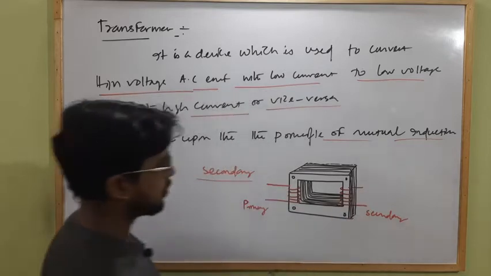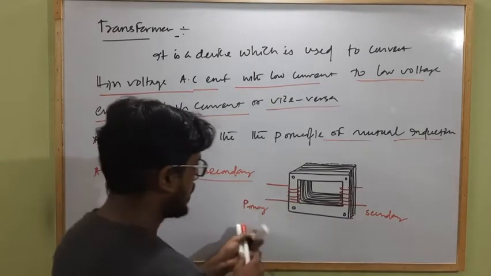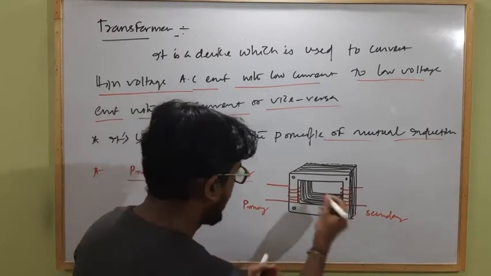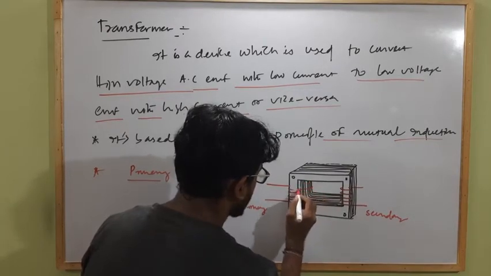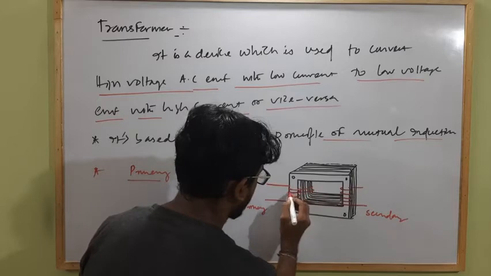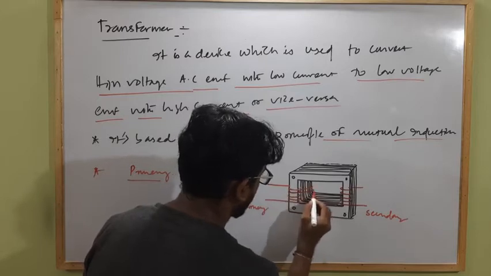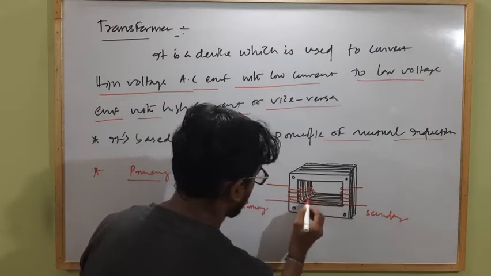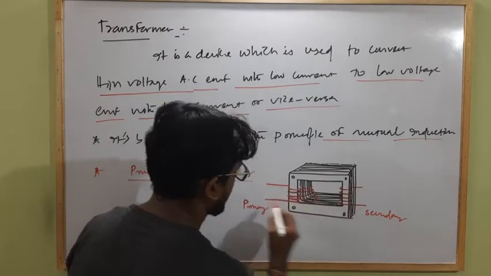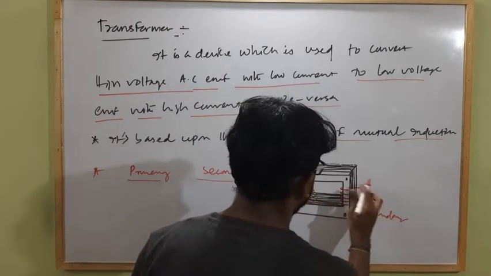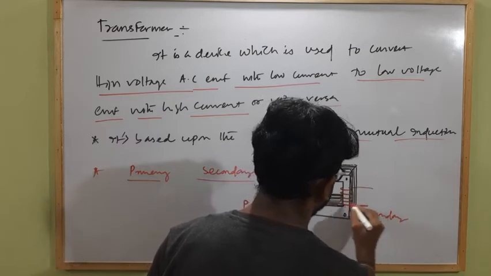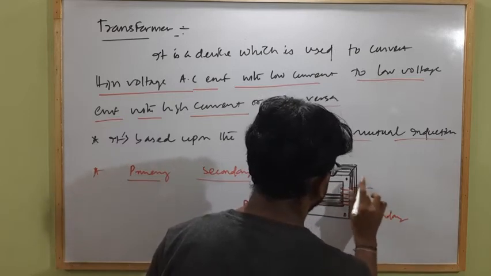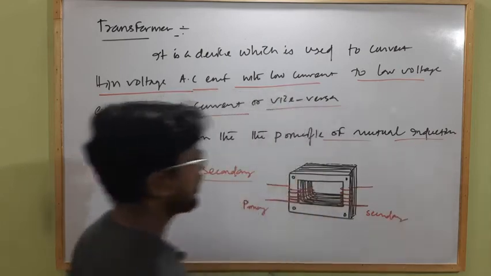Okay, the transformer will look like this, and the coils are actually rolled over the core like this.